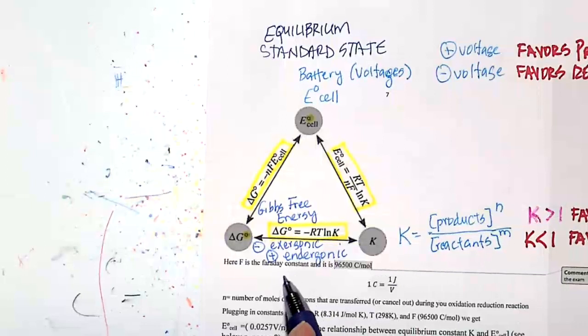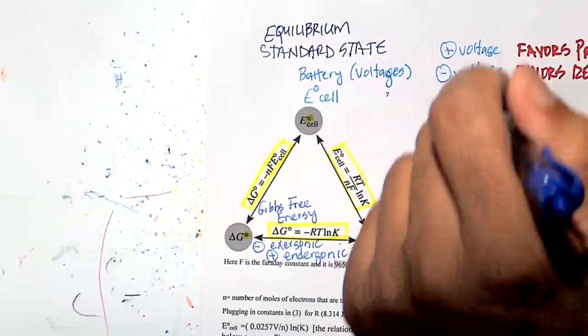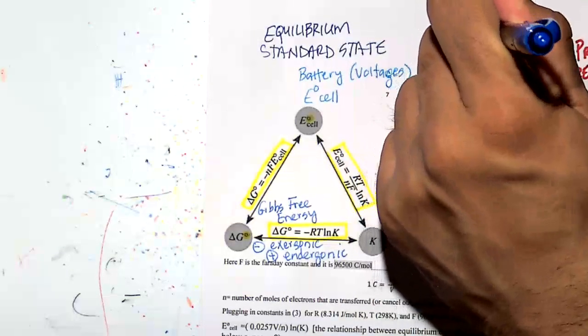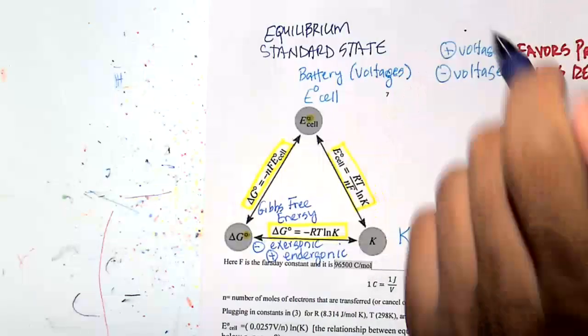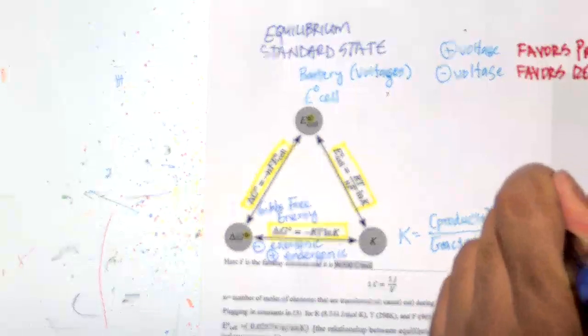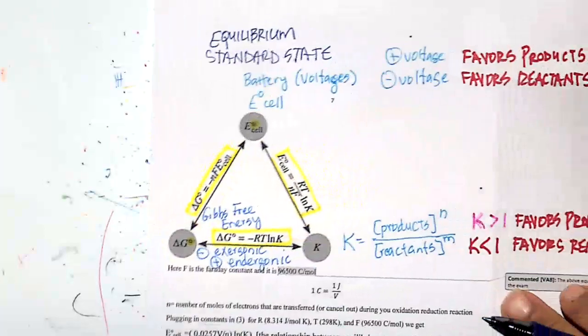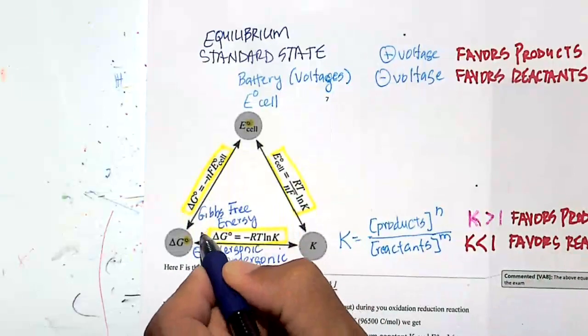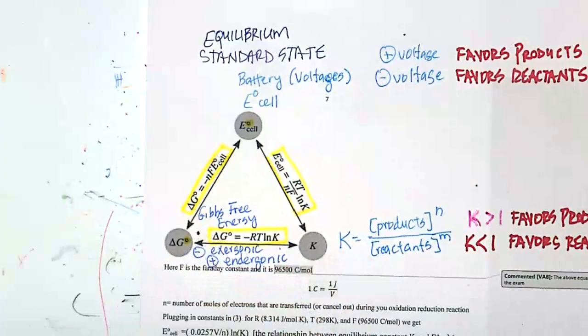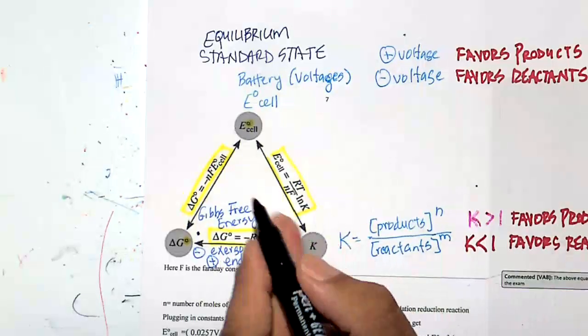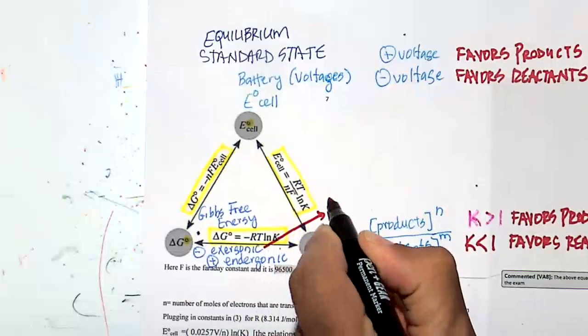Right? So what is the situation that favors products? Positive voltage, because again, we buy positive voltage batteries. A K that's larger than 1, and a delta G that is exergonic. If you take a thermodynamics class, or maybe a biological chemistry or biochem class, they tell you that if the reaction is exergonic, it favors the products.